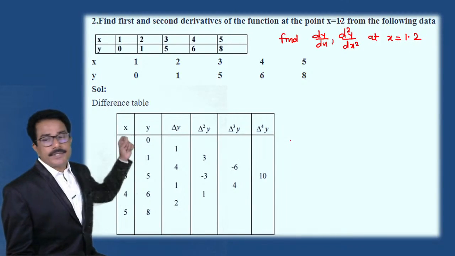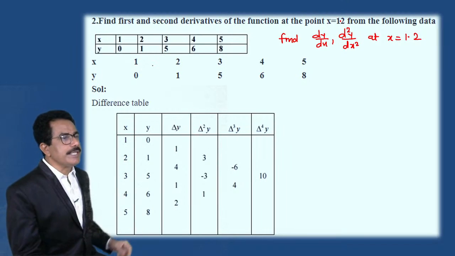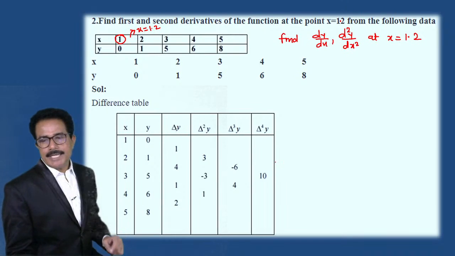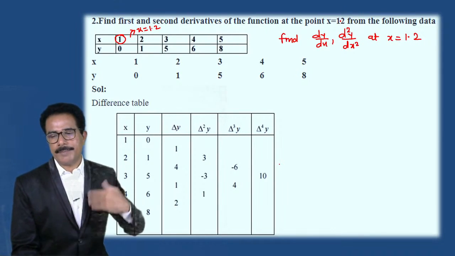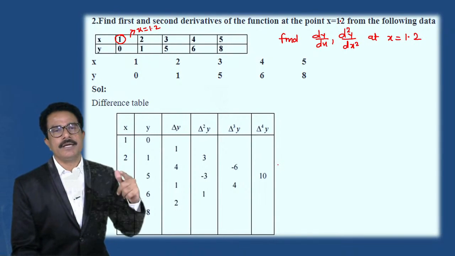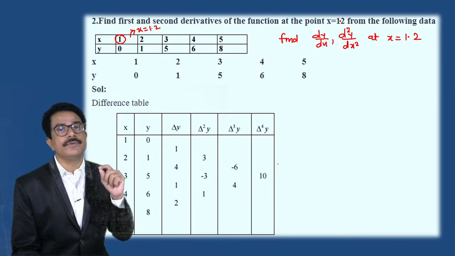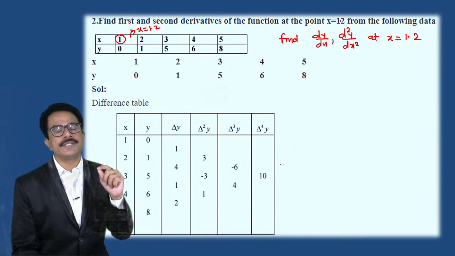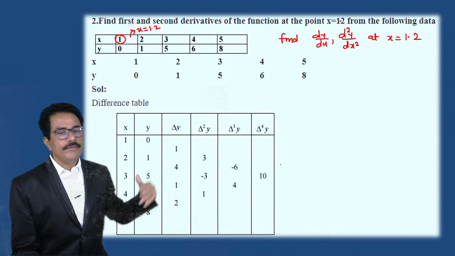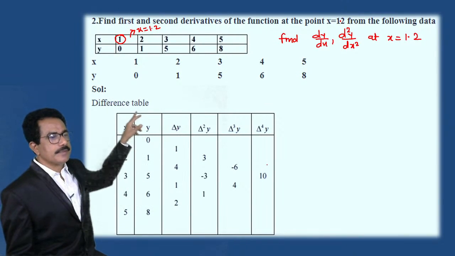Now here x is equal to 1.2, which is nearer to the first value. Tell me, here should we use the forward difference table or the backward difference table, and what is the value of h? Everyone give me the answer. Now you tell me the interval of differentiating, what is the value of h, and we have to use the forward difference table here.